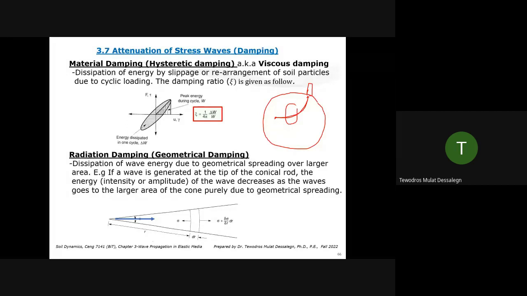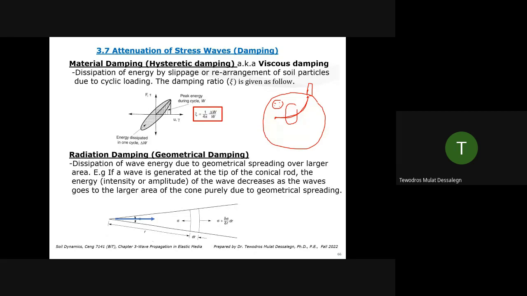When you specifically consider it for soil, we can say it is material damping. Because we have particulate materials, they rearrange themselves. When the stress comes, they rearrange, elastically deform, friction happens, and all that causes damping. So we can have two kinds of damping.